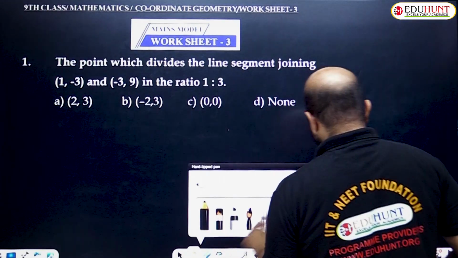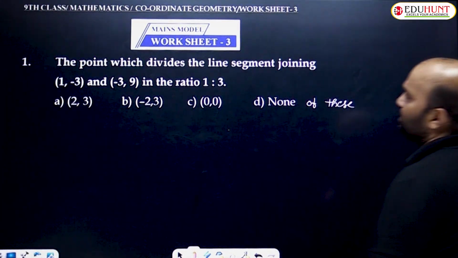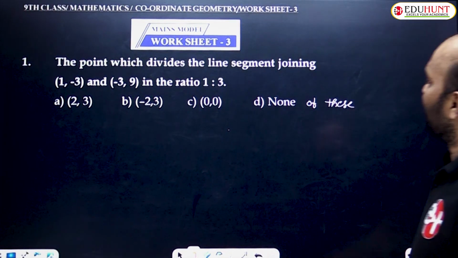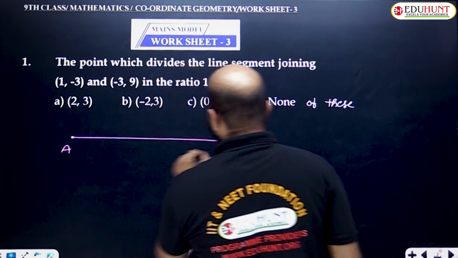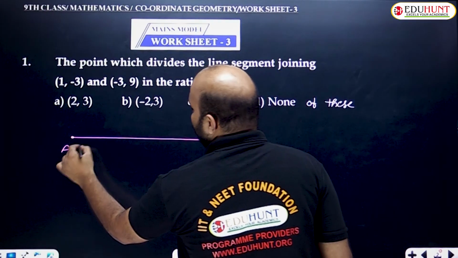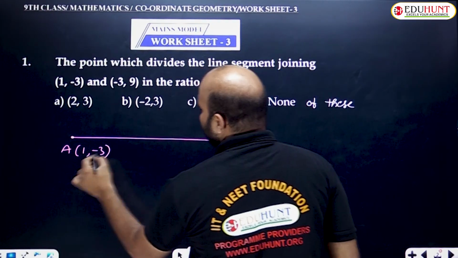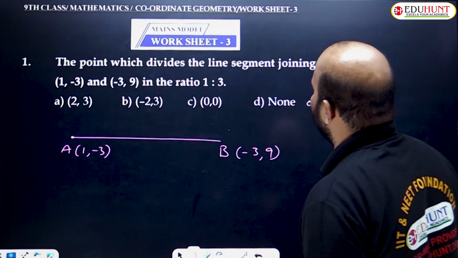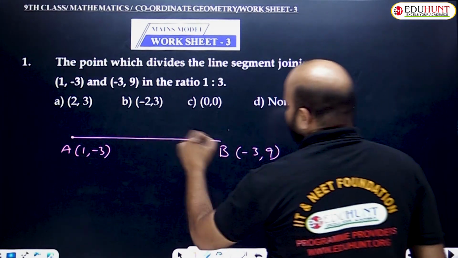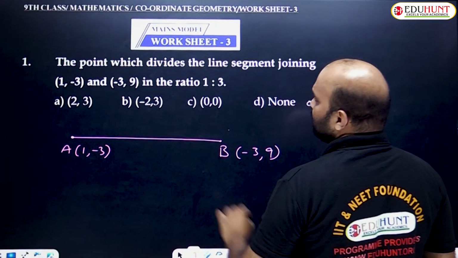Right. So clearly we need to understand. The line segment points are already given, so they will be considered as A and B. A is (1, -3), B is (-3, 9). These are the two points A and B joining the line segment.